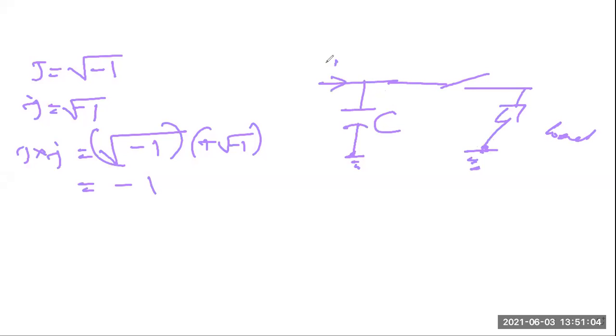The power is coming from the generating station. Even though the line is open, at t equal to 0, do you find that any current will flow in the capacitor, even though the line is not loaded?